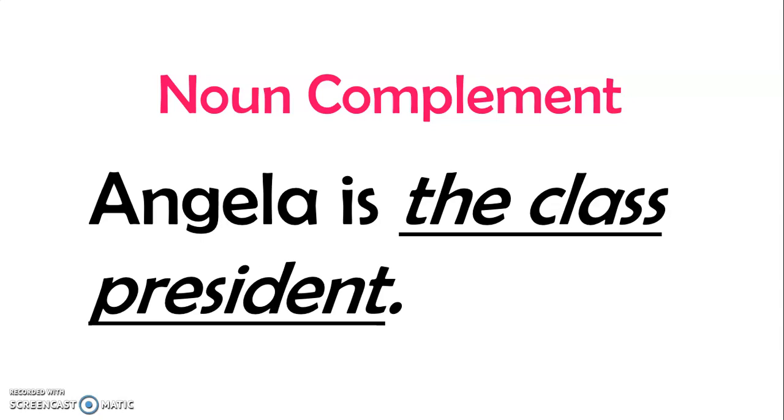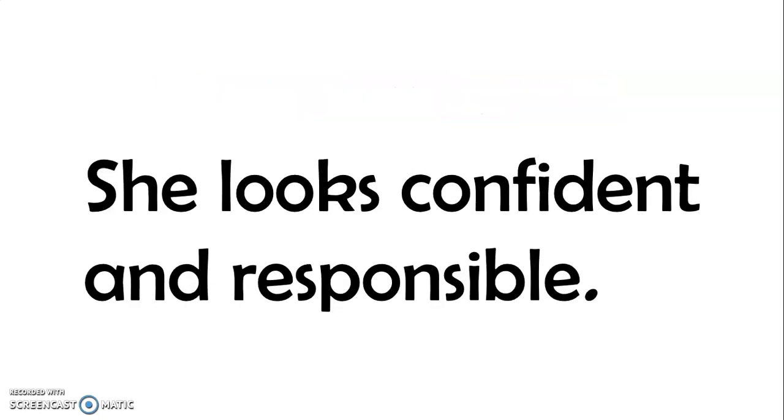I hope we do. For the next one: "She looks confident and responsible." Let's recall, the subject here is she, so that's S. The linking verb here, aside from is, are, am, was, and were, looks is also a linking verb.